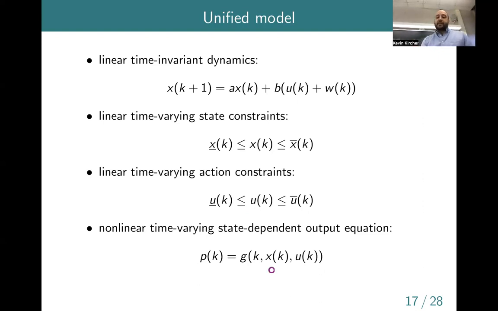So we need an x in here, and then a u. And rather than having a linear function, we actually need nonlinearity there because a couple of them had piecewise linear definitions. So this is in general a nonlinear, time varying, state dependent output equation, but the nonlinearity is pretty mild. It's basically piecewise linear, and captures everything that we need.